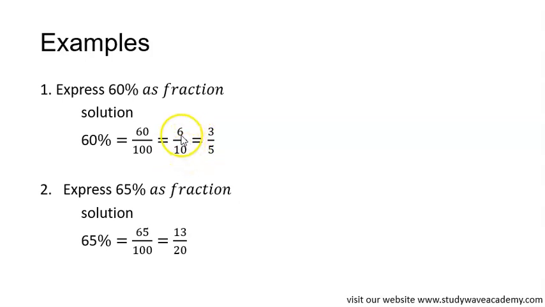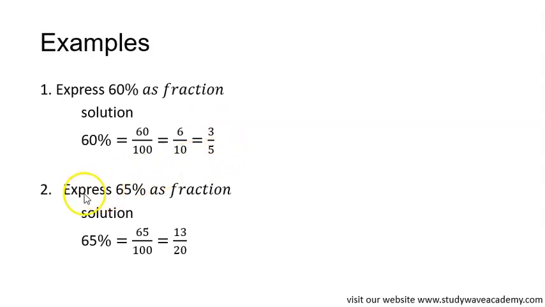What number can go into 6 without a remainder and also go into 10 without a remainder? 2. 2 going into 6 is 3 and 2 going into 10 is 5. So we have 3 over 5. This is the lowest form of 60 over 100 in fraction. Do you understand that?